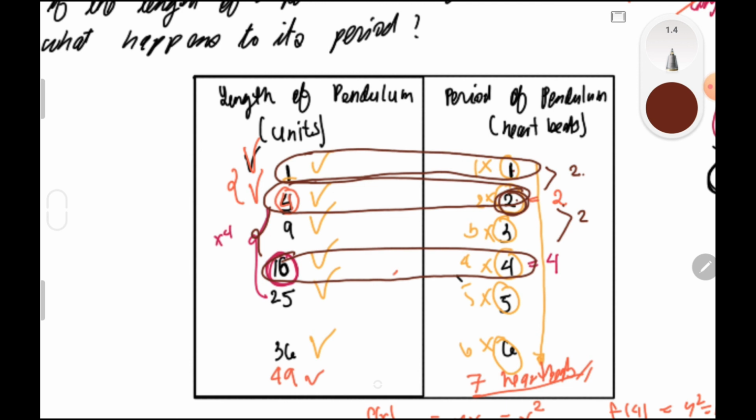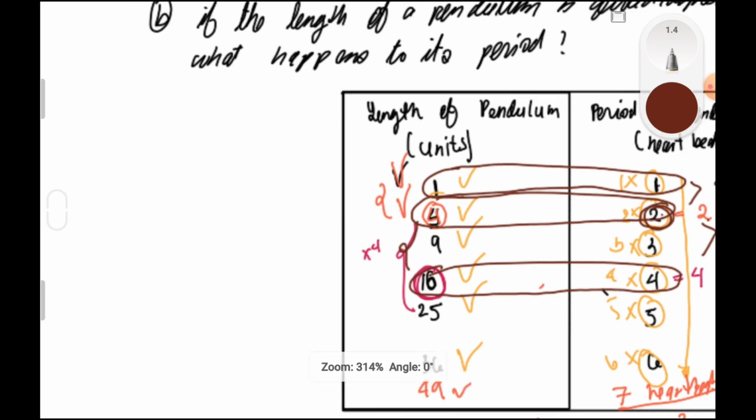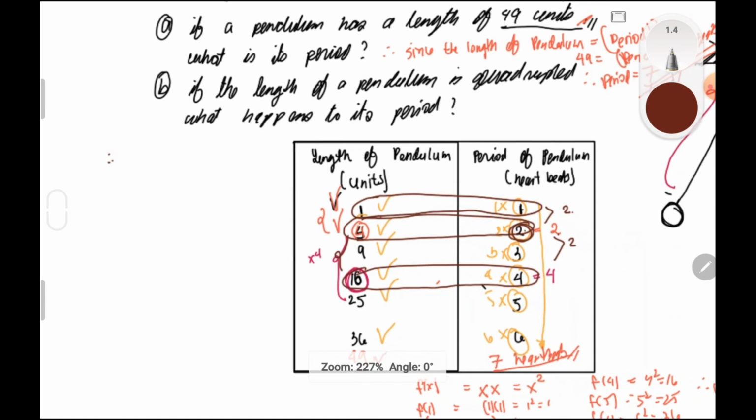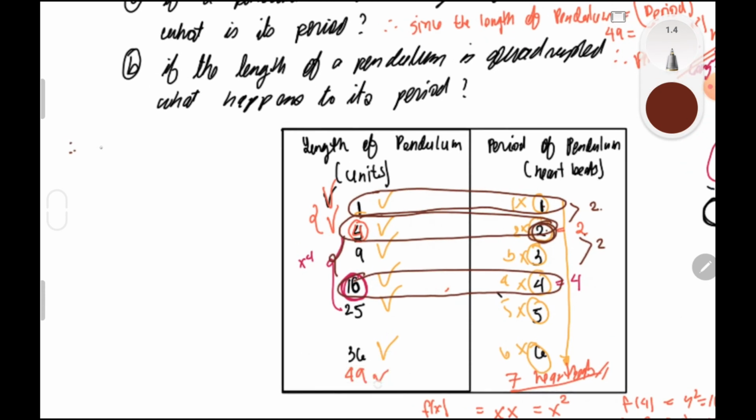Okay. So making my conjecture, therefore, the relationship between the length of pendulum and the period of pendulum is that if I will quadruple the length, okay, quadruple na lang.